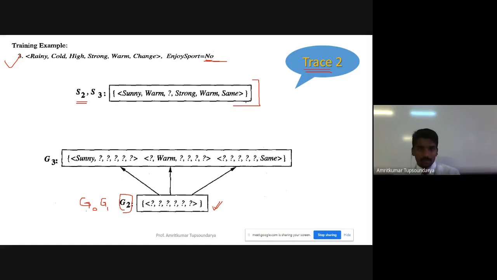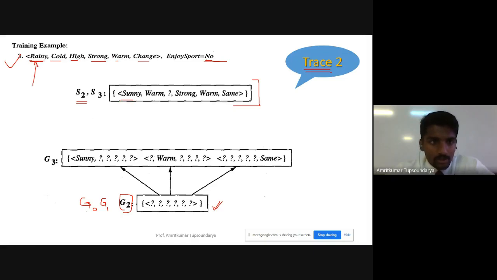So let us compare with this example the attribute values that we see here: rainy, cold, high, strong, warm, and change. When we encounter the first one itself, it is different from what we saw in the previous example. Here the value is rainy, whereas we had sunny, right?